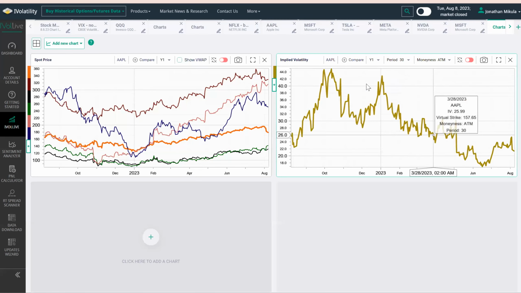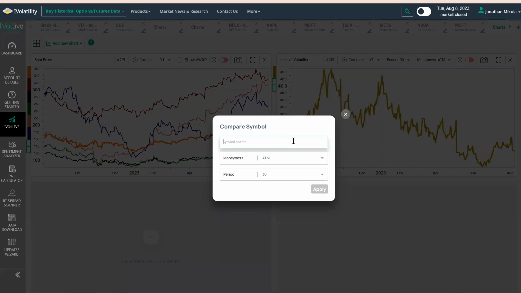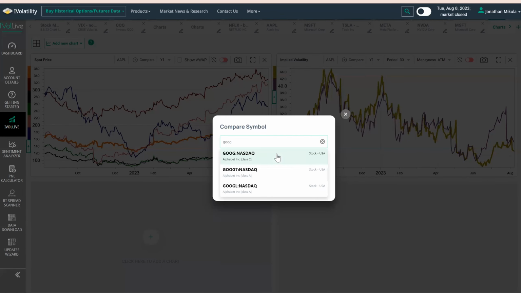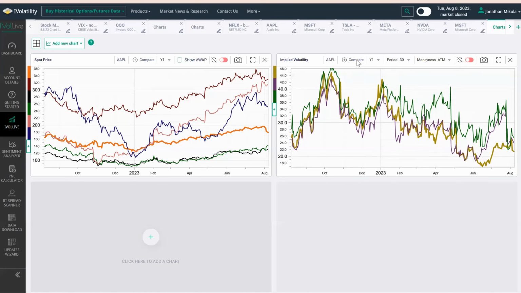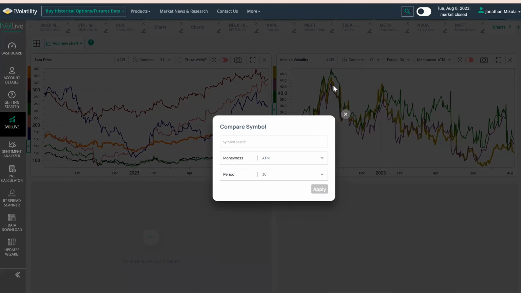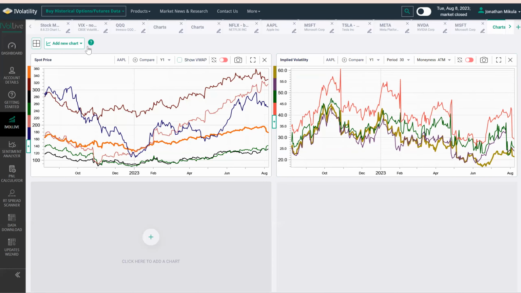But for now, this is how I created the chart that I was just showing. And then at this point, again, it's very easy to add comparisons, right? So there's Microsoft. I won't do all of them, but there's Google. Here's Amazon. All right. So that's how you would add this implied volatility chart.